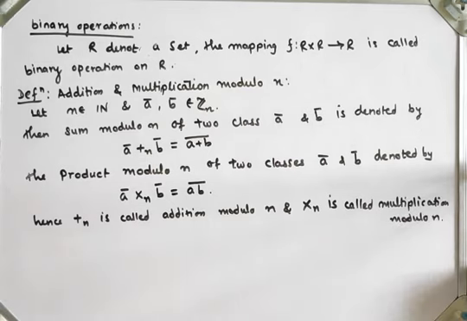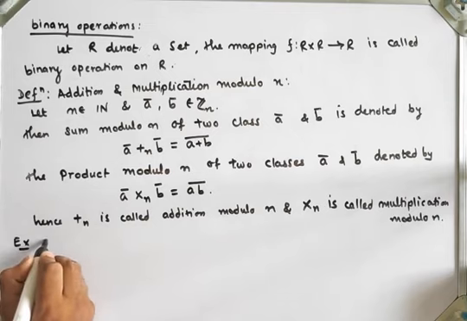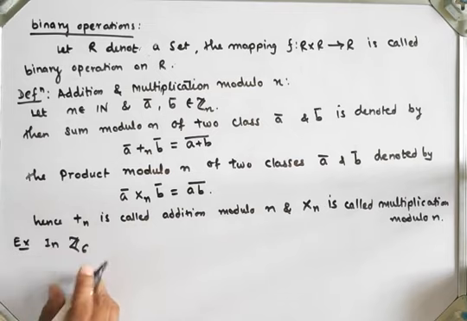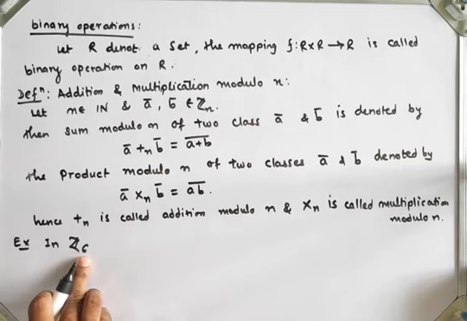So let's see the examples. For example, in Z6, the value of n is 6.